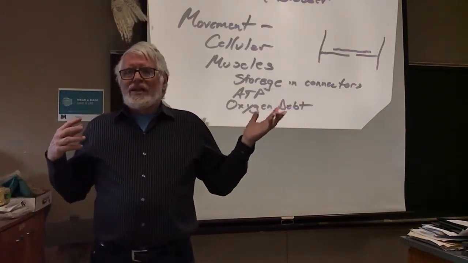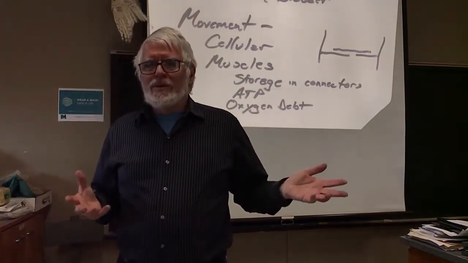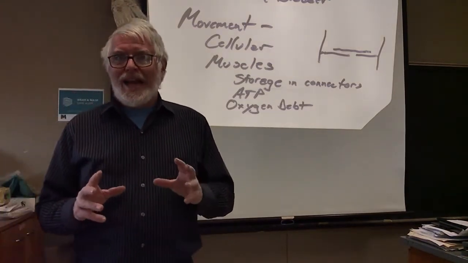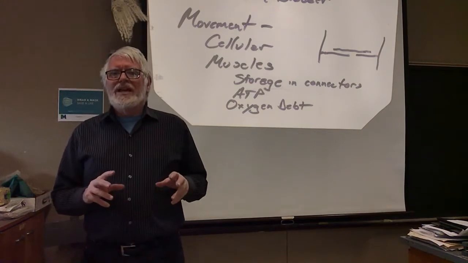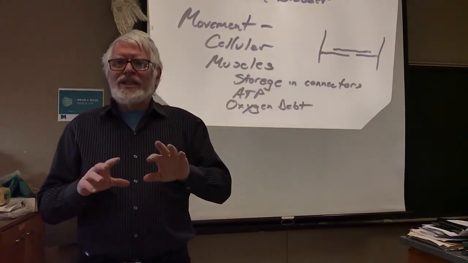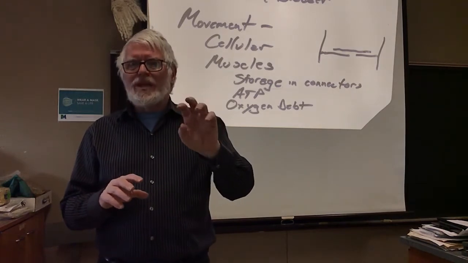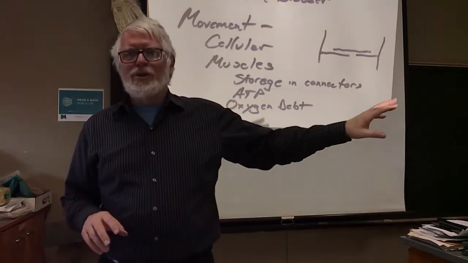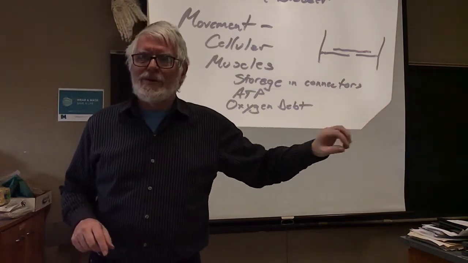Now, other cells in your body, if you drop their oxygen supply, they do very, very poorly. They will die. But your muscles can actually keep going. Your aerobic respiration has an anaerobic stage, not terribly efficient, and then an aerobic stage that breaks the sugar down completely and gets lots of ATP for energy.